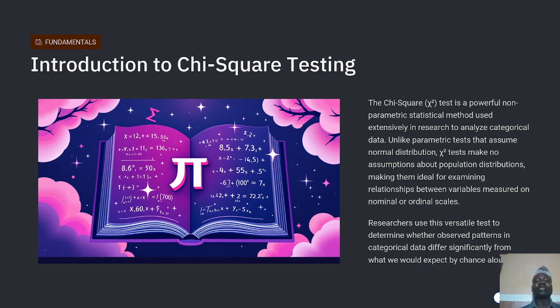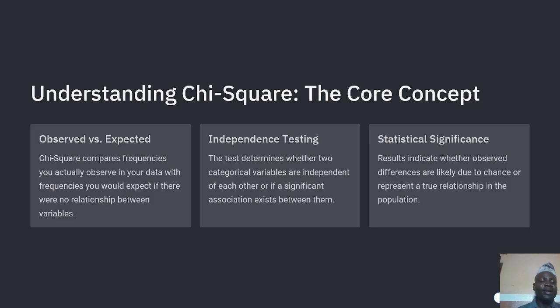For instance, let's talk about parental preference for school. Some parents, we have 100 parents. So chi-square will give us the following information. If we have, don't let me say 100, let's say we have 90 parents, and we have 3 types of school.